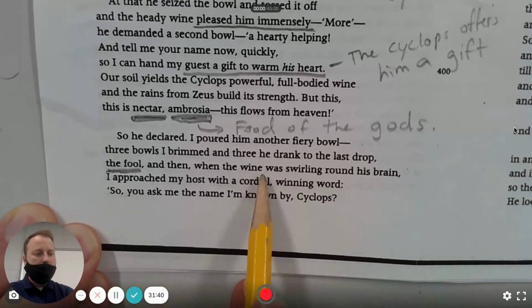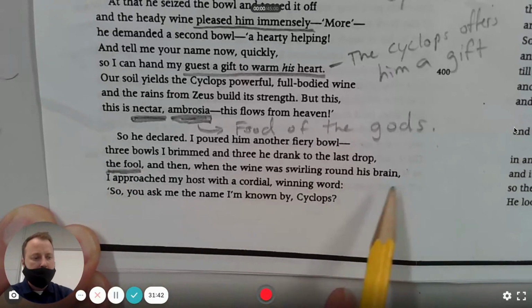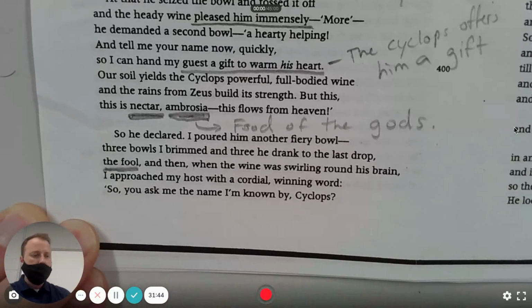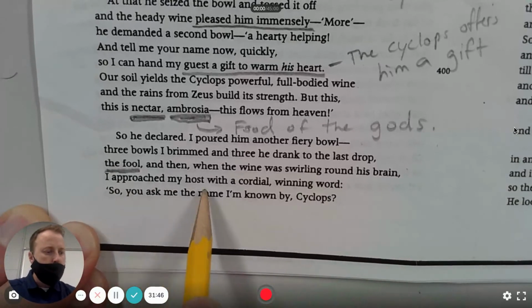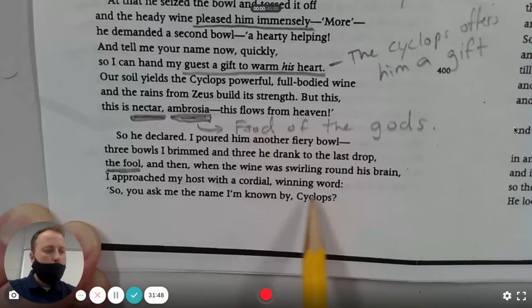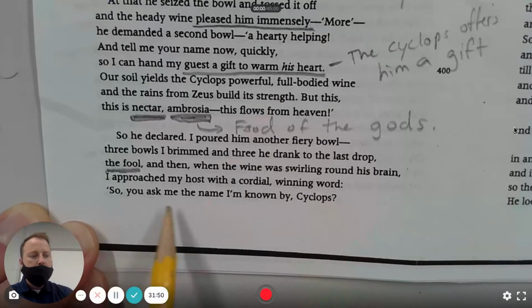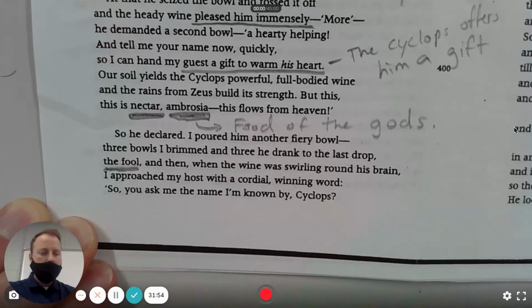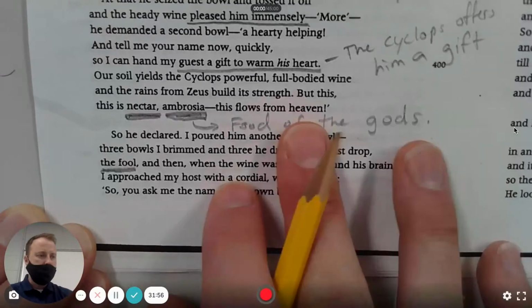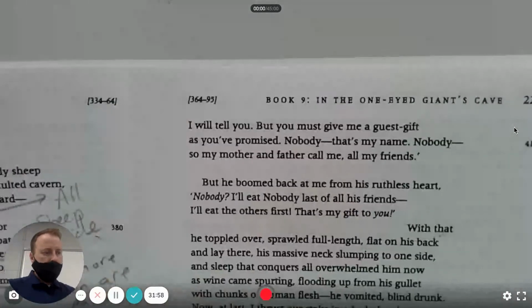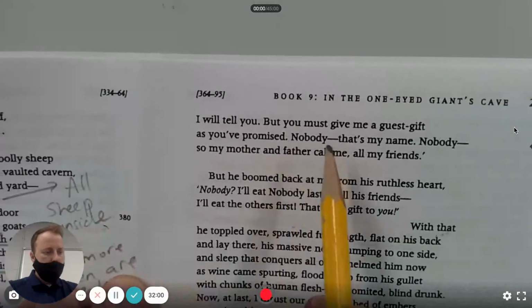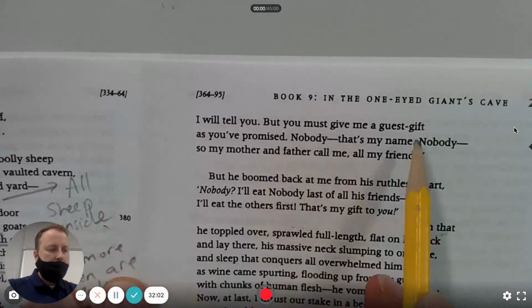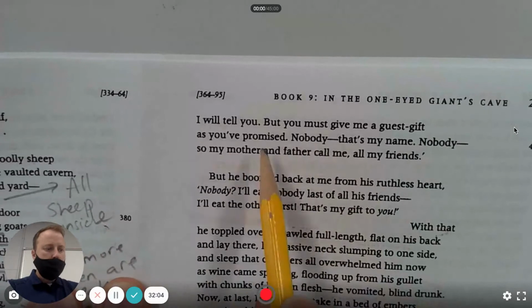And then when the wine was swirling around his brain, meaning like he's starting to feel drunk, I approached my host with a cordial, winning word. So you asked me the name I'm known by, Cyclops. So he asked him, you asked me what my name is. I will tell you, but you must give me a guest gift, as you've promised.